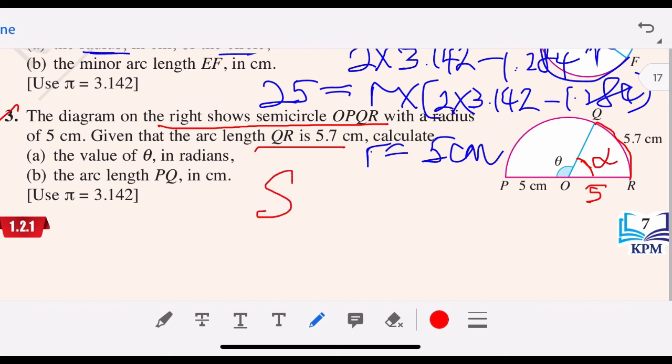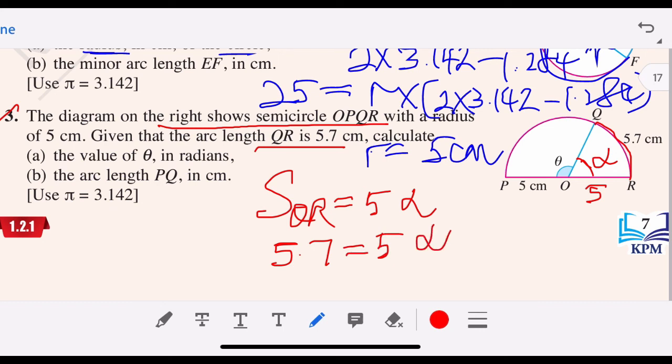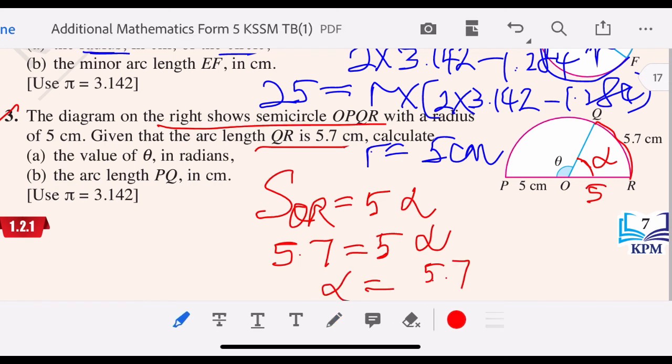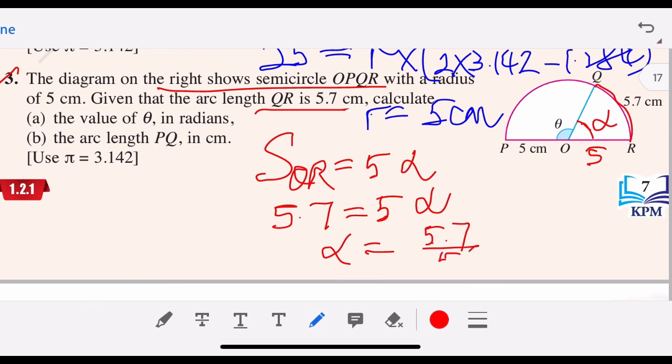We use S equal to r alpha. 5.7 equals 5 alpha. So that means alpha is 5.7 divided by 5, right? So your answer is 1.14 radian.